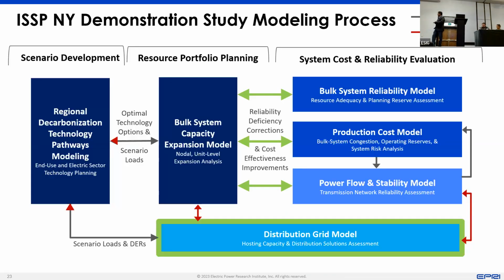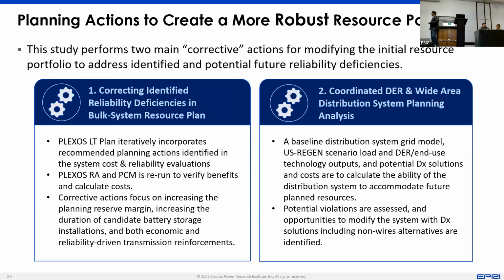So anyway, coming back to the last part of the analysis, looking at distribution as well as looking at the feedback coming out of the reliability analysis. And I will talk about both very quickly. So in terms of the feedback or the corrective actions, as I mentioned before, when we used the initial expansion plan, we found out that there was not enough planning reserve margin, so we rectified that.